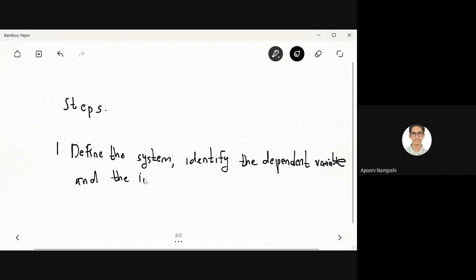and the independent variables, which will have to be taken into account when we make our inputs.